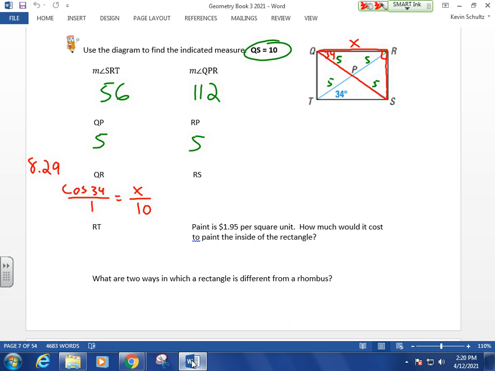RS, now we can use the Pythagorean Theorem. We know that this is 8.29 or so up here. The hypotenuse is 10. So a squared plus b squared equals c squared. We can use that to find RS. And what did you come up with for that one? Approximately 6. More specifically? I just said 6.